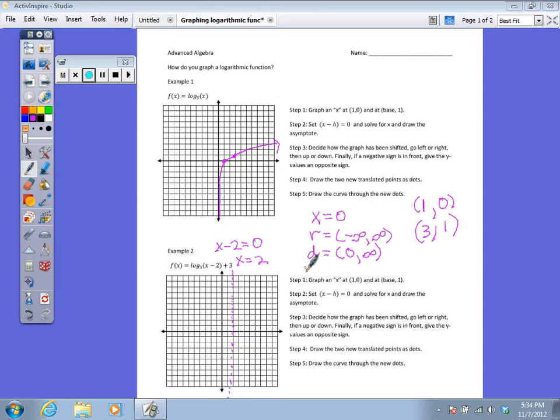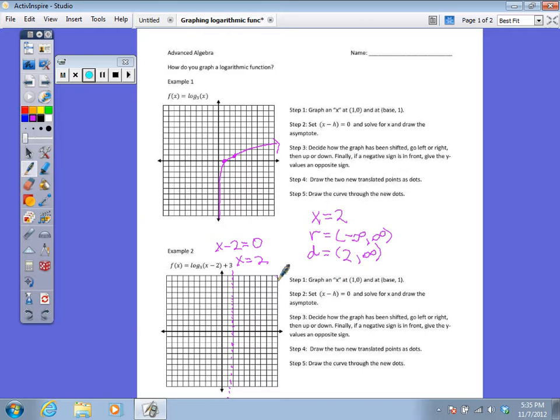Okay, and that also now tells us that our domain, I can change this real quick, for this new function is x greater than 2 to infinity. And I'll change this for our current function. X equals 2 is the new asymptote. All right, and I want to graph those 2 points. Of course, we are going to change them because they are translated.